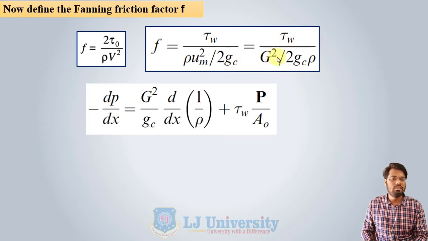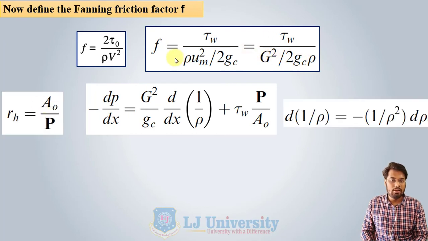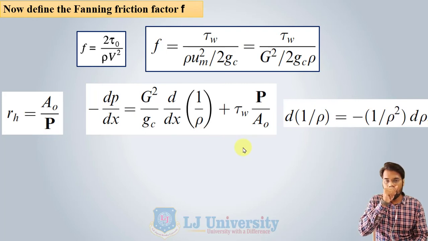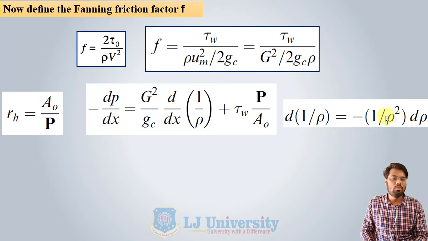So tau W is f G square upon 2 gc rho. Using this f in the equation, as well as RH, the hydraulic radius, which is AO by P, area divided by perimeter. Also, differentiation of 1 upon rho becomes minus 1 upon rho square d rho.